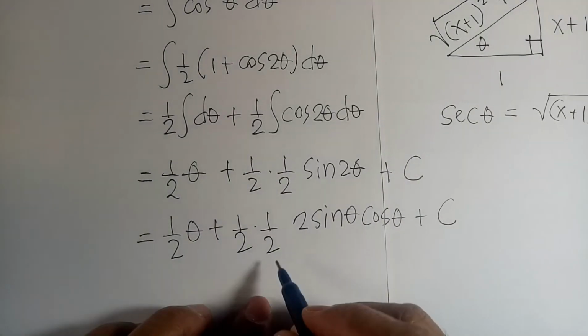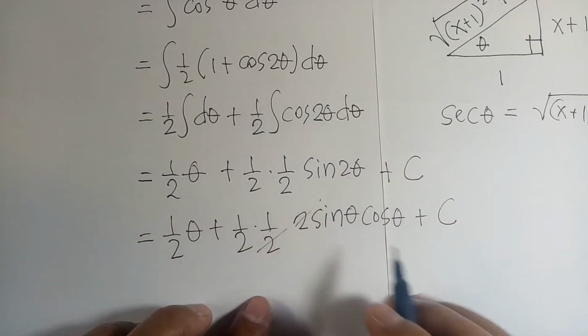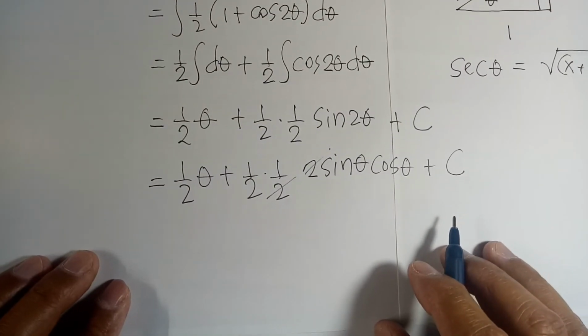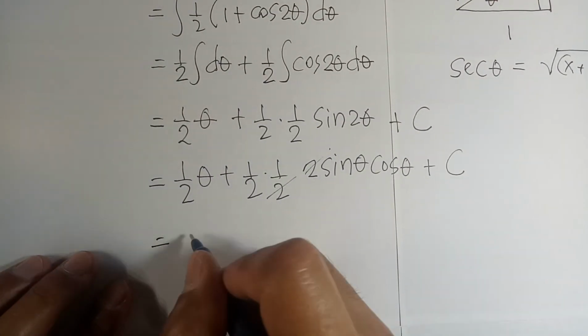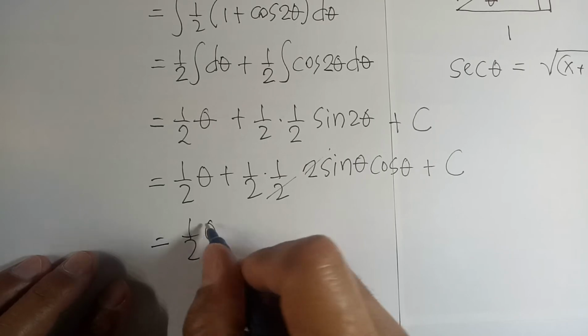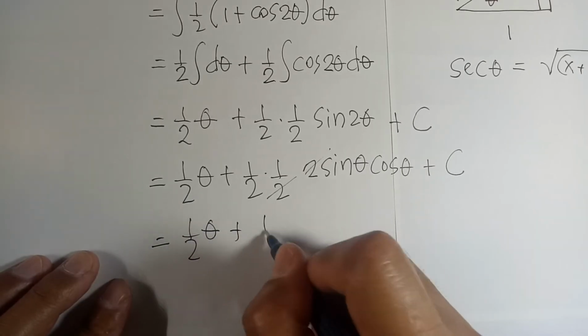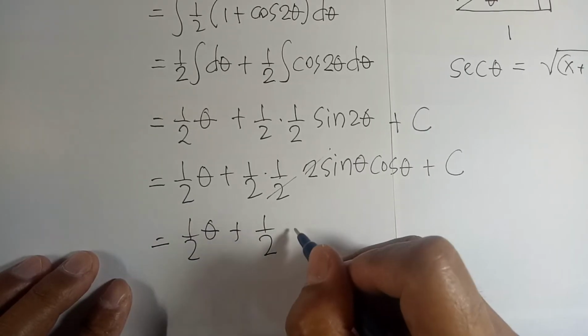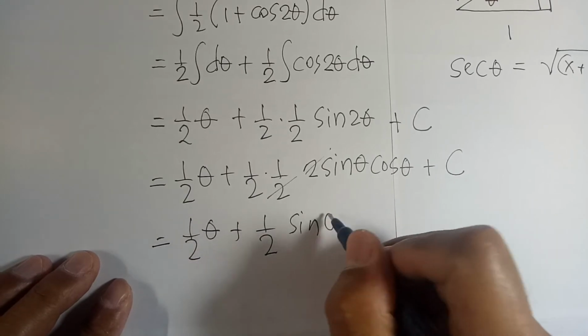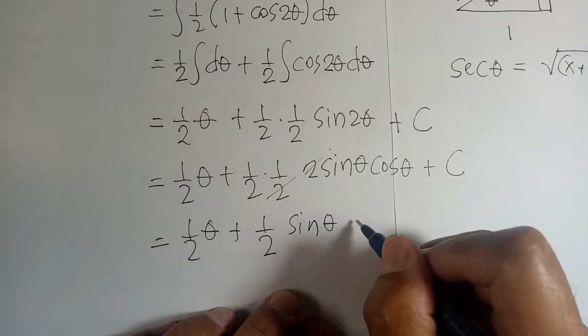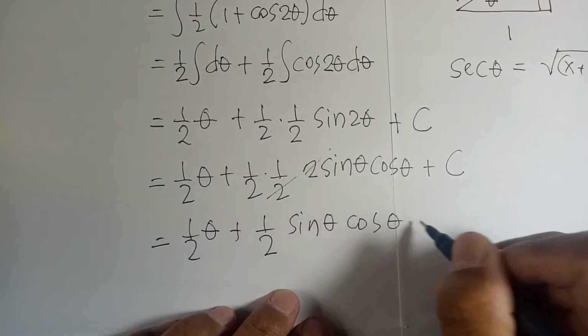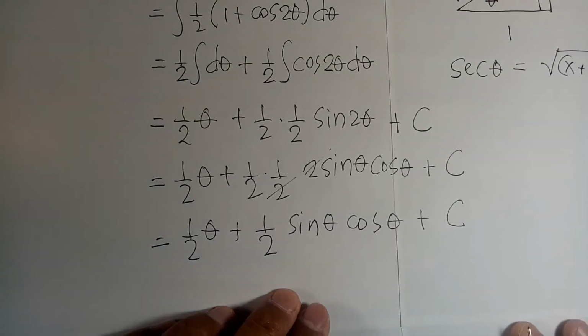So, cancel ngayon yung isang 2, no? Cancel yung 2. So, matitira natin sa atin ay 1/2 of theta and then plus 1/2 and then sin theta cosine of theta and then plus c.